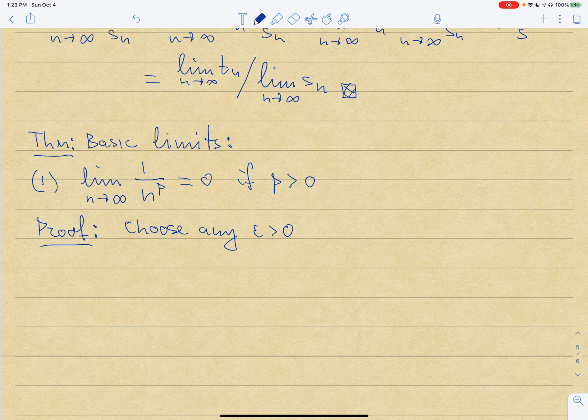And I can achieve that by solving the inequality 1 over n to the p less than epsilon, and that would require me to make n larger than capital N, larger than 1 over epsilon to the 1 over p. So make capital N 1 over epsilon to 1 over p. Again, basically I'm just solving the inequality 1 over n to the p less than epsilon.